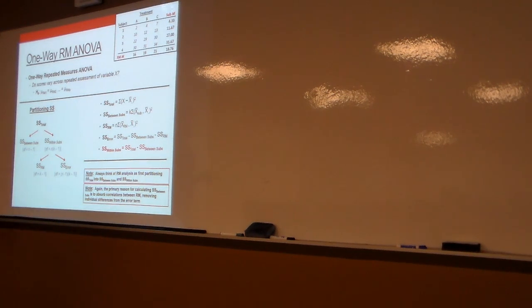It's pulling that individual difference stuff out, and all we're left with is things that aren't systematically related to either our individual differences or repeated measure. So we end up with a much, much smaller error term than we would if we were to analyze this in a between subjects design. Okay. People kind of see what we're doing with this and where this is going and why it ends up being advantageous in terms of hypothesis testing.